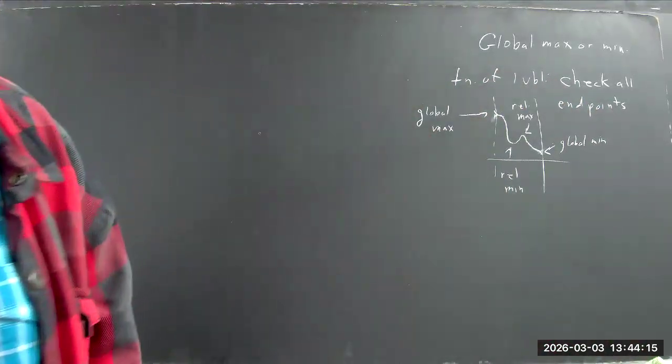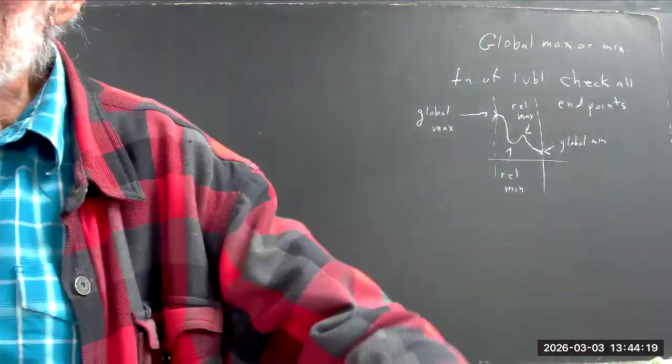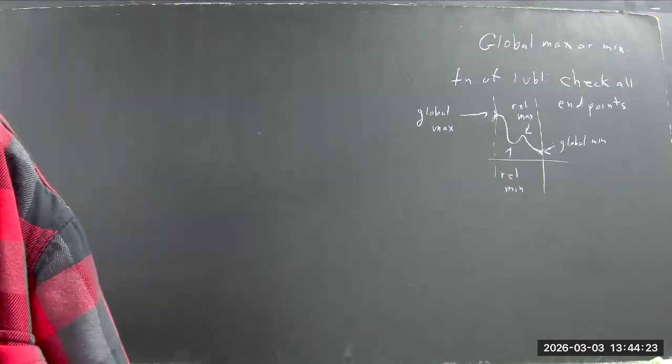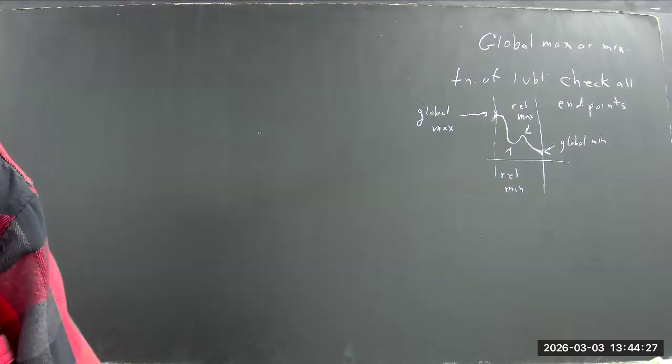Your global min occurs at this point because the global max is higher than any of your relative maxes, and your global min is lower than any of your relative mins. So you've always got to check the endpoints if you have a finite interval.